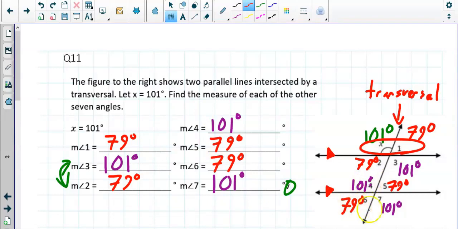Because, well, you got linear pairs, you got vertical angles here, you've got corresponding between 2 and 6, you've got alternate exterior between 1 and 6. So there you go. You don't really have to talk about those reasons, but I like to talk about them because that's really why these angles have these measures. That's the reasoning behind it. Moving on.